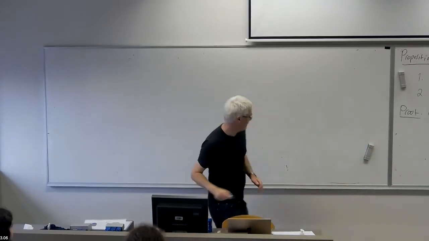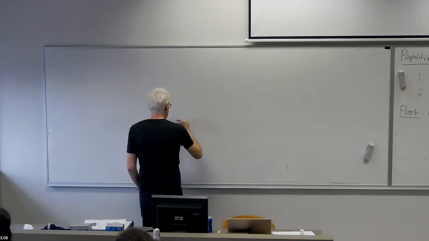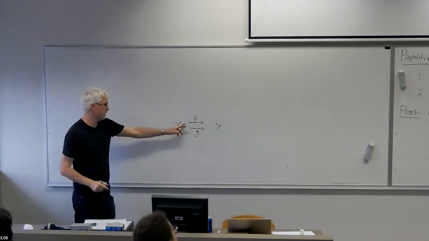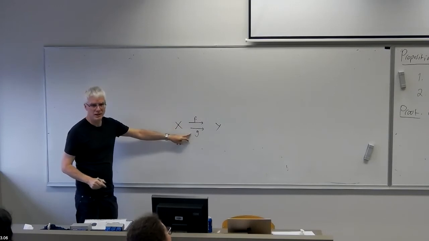Such a diagram consists of 2 objects, x and y, and a pair of maps between them. So a parallel pair of maps, f and g from x to y.